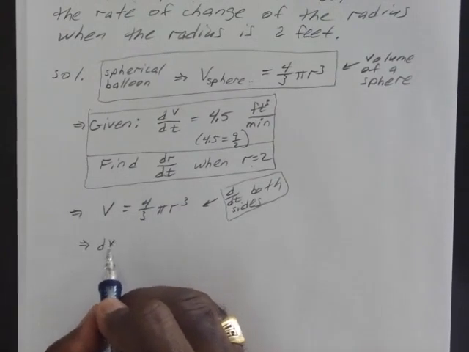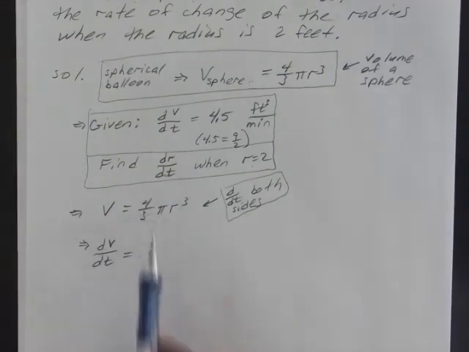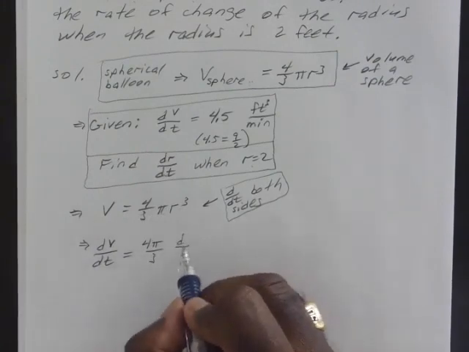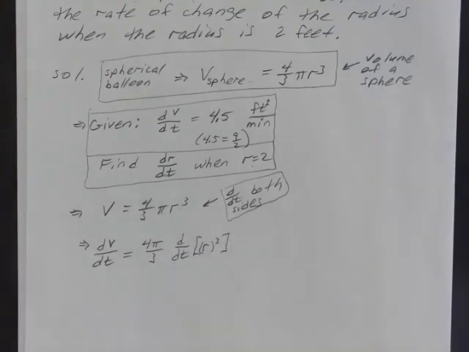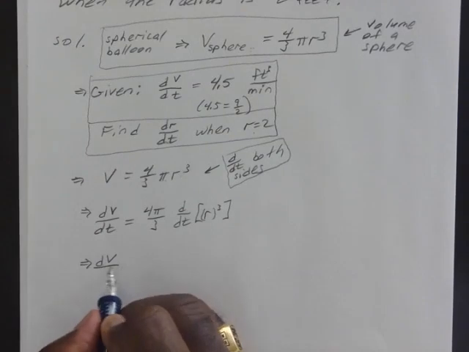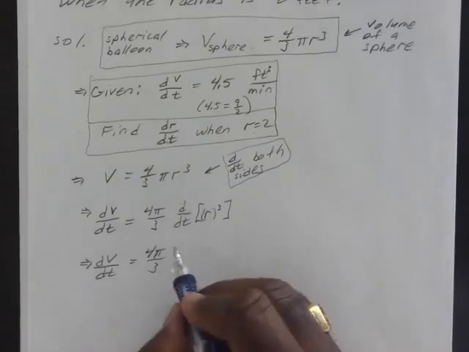So the rate of change of the volume with respect to time is equal to, and we can go ahead and factor out those constants, 4 pi over 3 times the derivative with respect to time of the radius cubed.